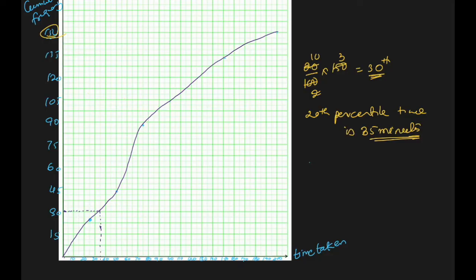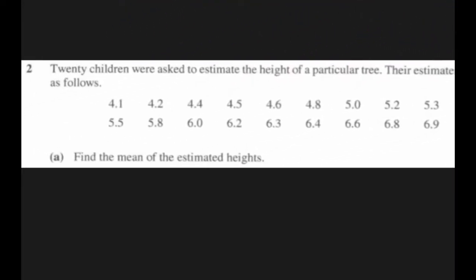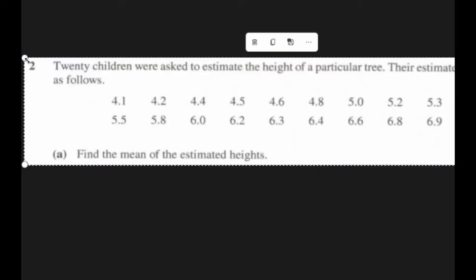Let's go to question number 2. And this is the question. 20 children were asked to estimate the height of a particular tree. Their estimates, in meters, are as follows. So yeah, everybody has different thinking, so they have estimated the height differently.